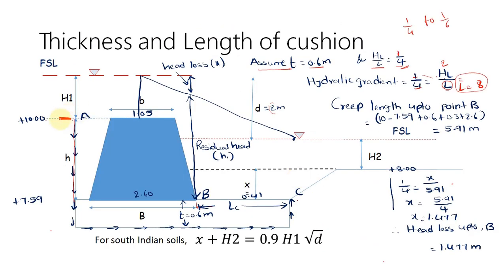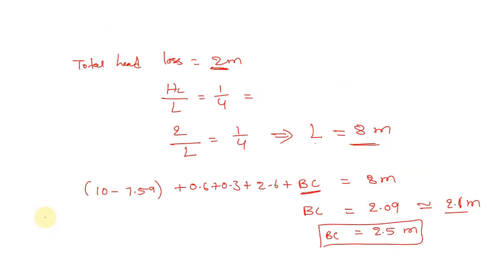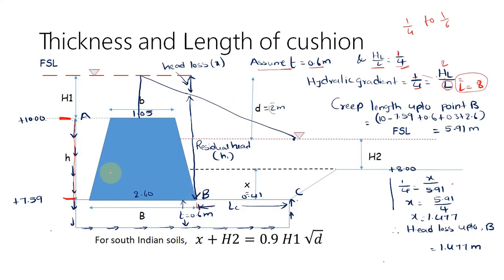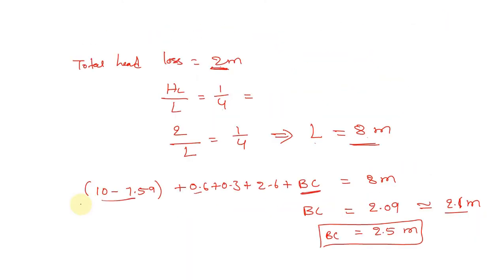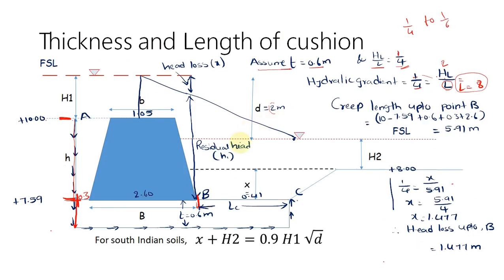Now you see, here it is 10 minus 7.59, and then plus 0.6. What is 0.6? This is the thickness of the floor, plus the creep length up to B, that is 2.6, plus 0.3 offset, so 2.6 plus 0.3, plus BC, the length of the cushion, is equal to 8 meters.